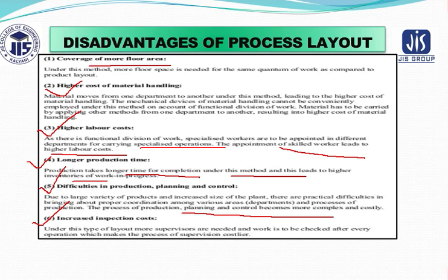Next is difficulty in production planning and control. Due to the large variety of products and increased size of the plant, there are practical difficulties in bringing about proper coordination among various areas. And finally, it increases the inspection cost because under this type of layout, more supervision is needed and work is to be checked after every operation, which makes the process of supervision costlier.